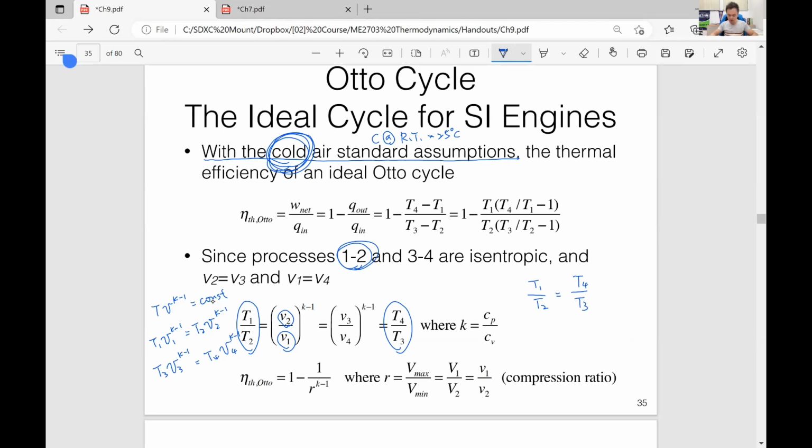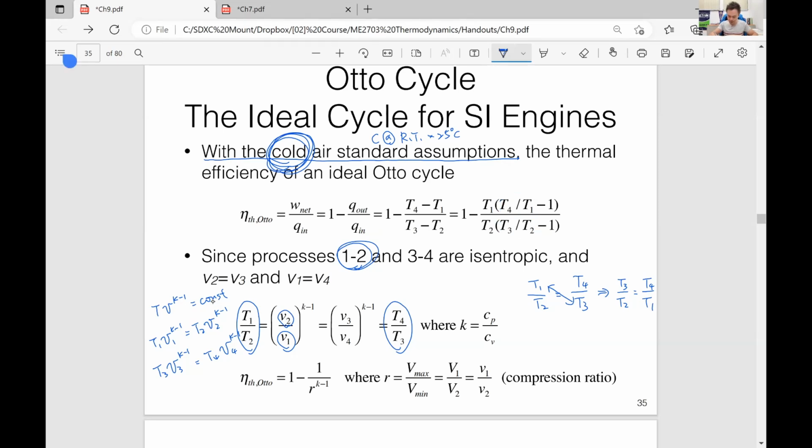Then that means T3 over T2 equals T4 over T1, right? I just switch these two temperatures. So T4 over T1 is the same as T3 over T2.